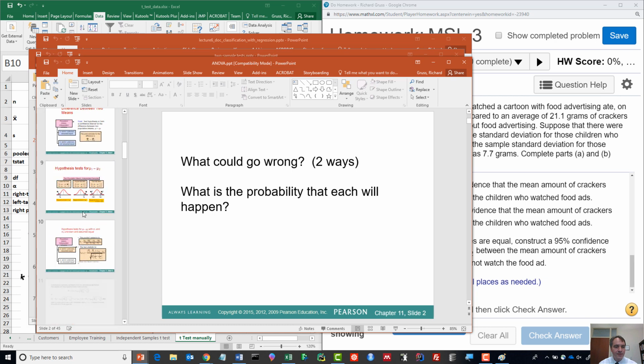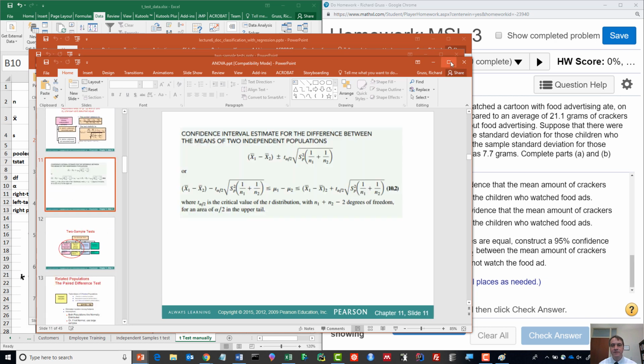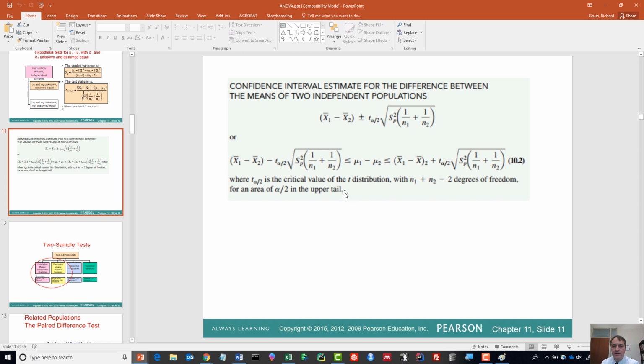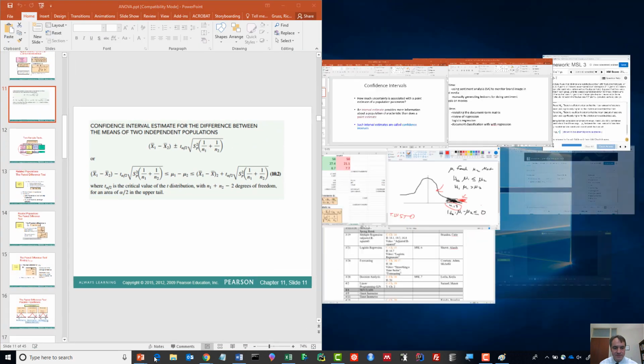Okay, so the formula for that confidence interval is here. So basically it's going to be the difference between the two means minus a little bit and plus a little bit. So let me show you where that is on this spreadsheet.